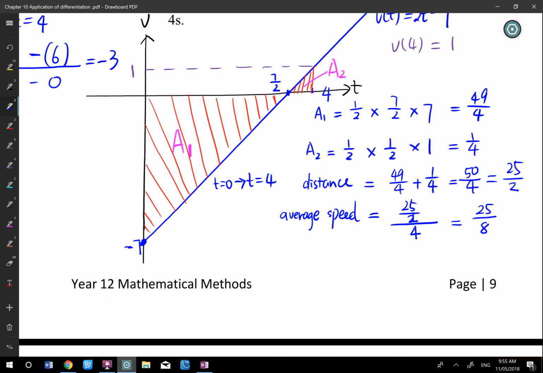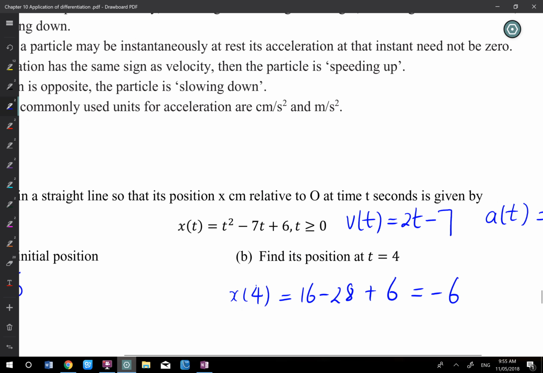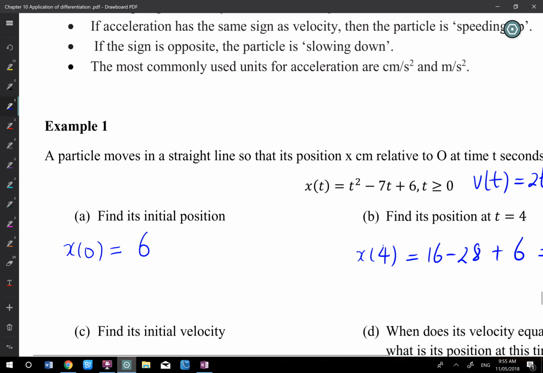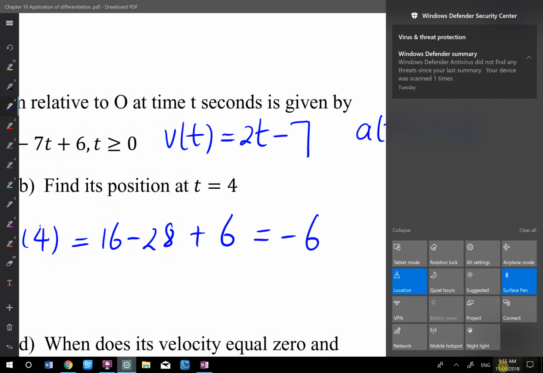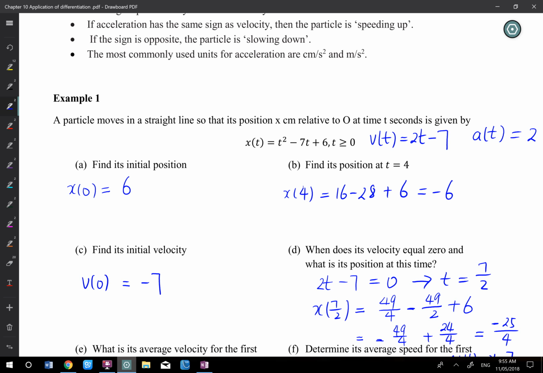Yes, the VCE exam is not really looking for units. It's okay not to put units, because for this one, I didn't put units for the time and also not for the x, so I don't know what the unit is. It can be second, can be minute for the time.